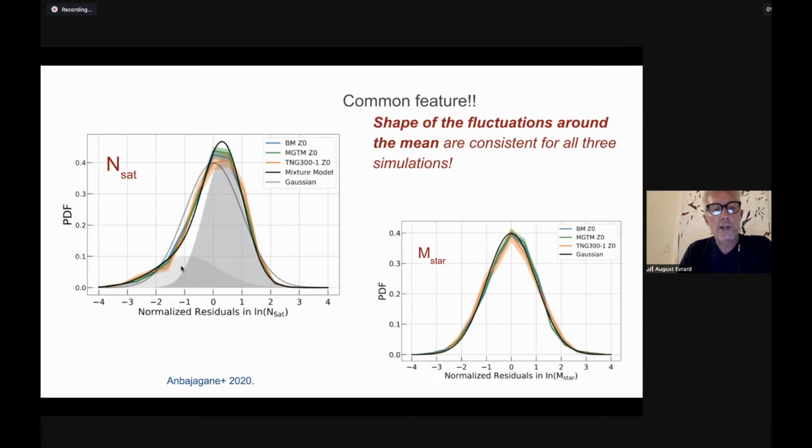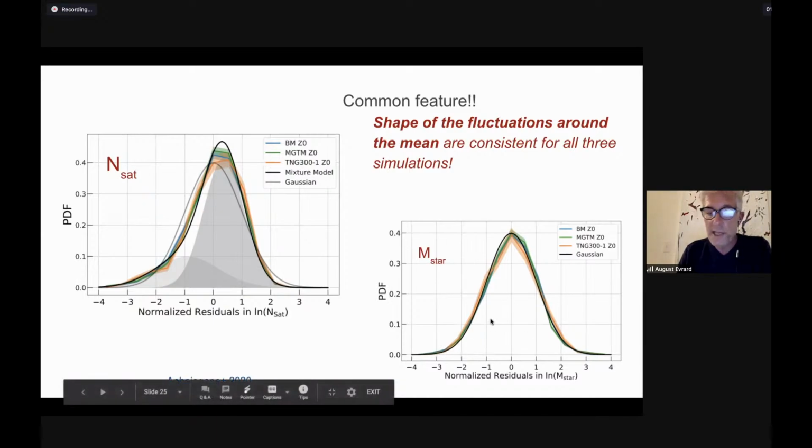And there's a correlation between this tail of low satellite counts and these halos also tending to have a higher mass central galaxy. So essentially the central galaxy has eaten away. If a lot of satellite galaxies merge with the central galaxy, they just add to its stellar mass, and you lose counts of satellites, and that's what constitutes this tail.